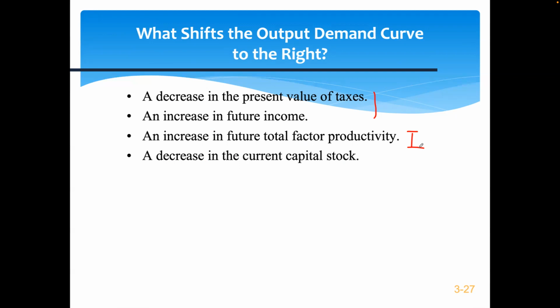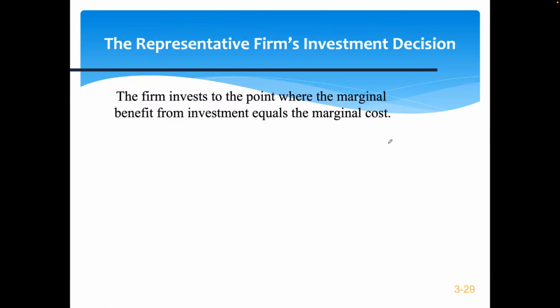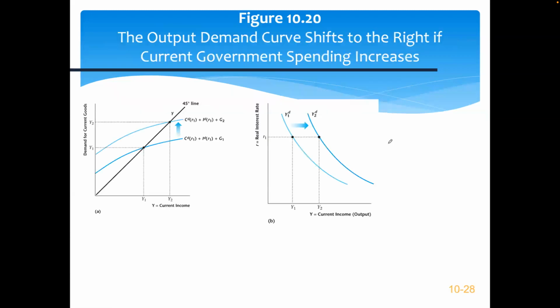Because I want to expand for the future. This I is going to translate into future capital, and this future capital is going to bring me some additional goods through the production function. But this production function largely relies on the future TFP, or the higher future TFP is going to make the production in the future more efficient, right?